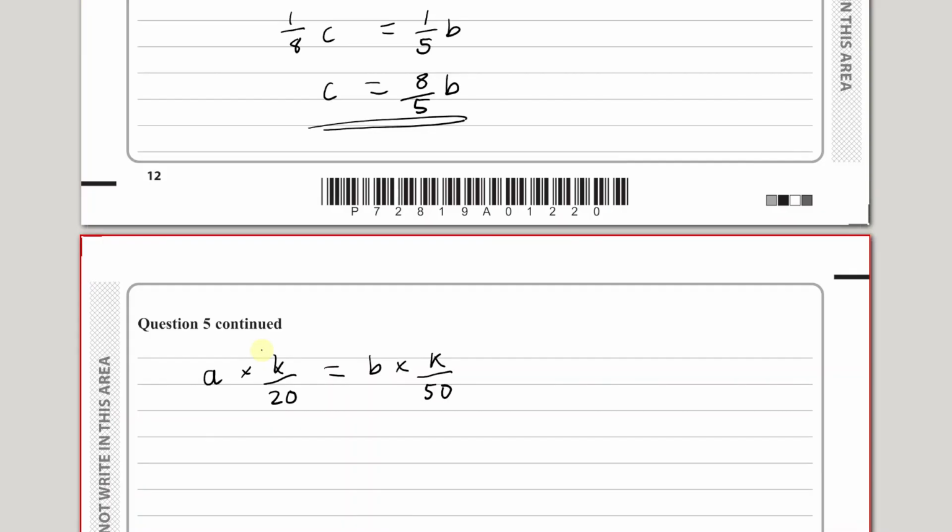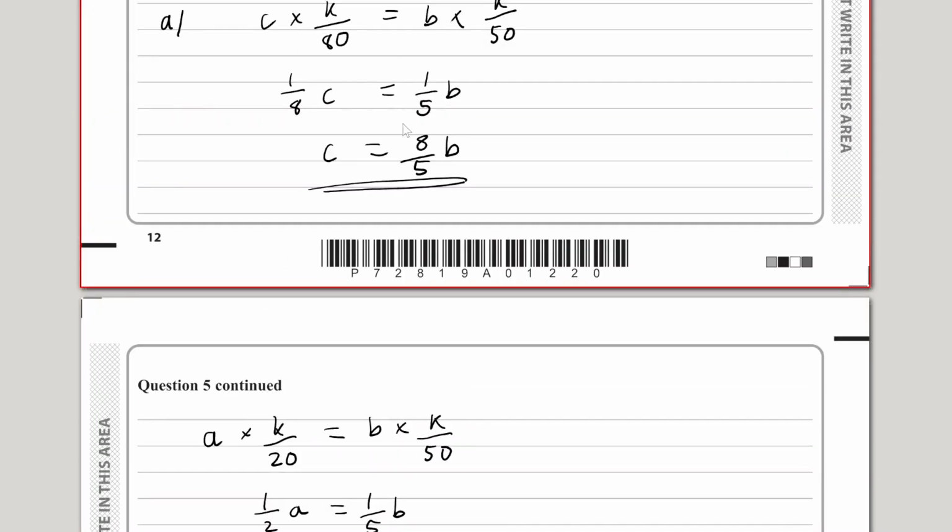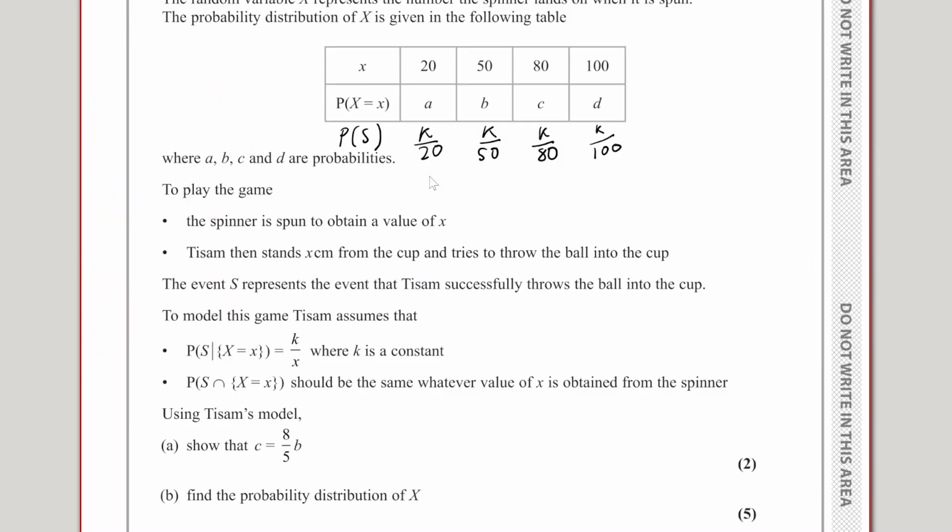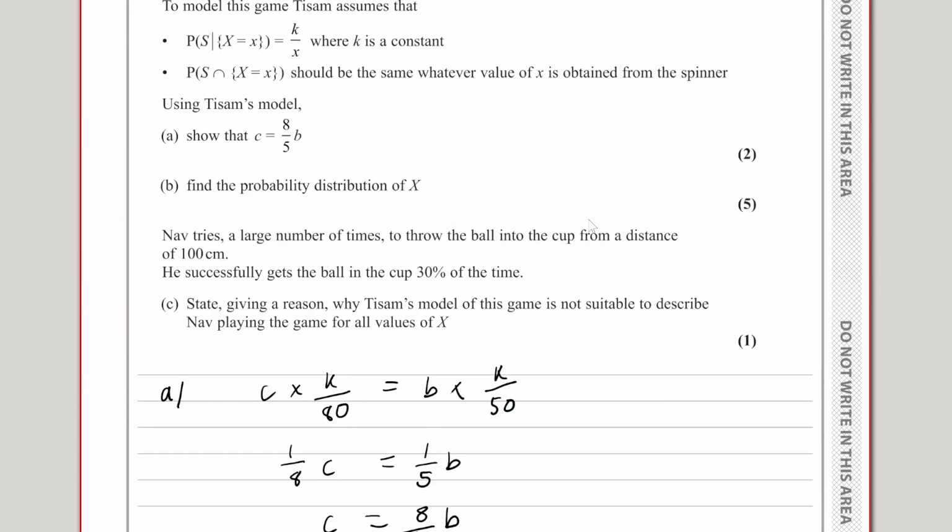So same again. So half of A equals 1/5 of B. And then B equals 5 over 2 A. And then let's do the same for D. So K over 100.